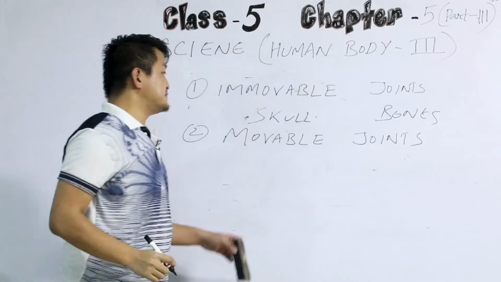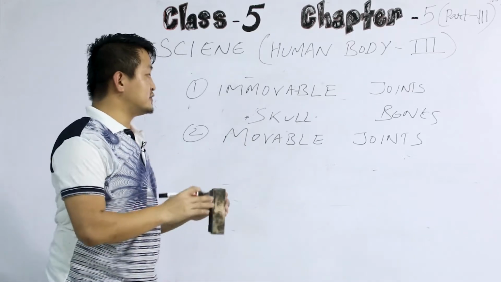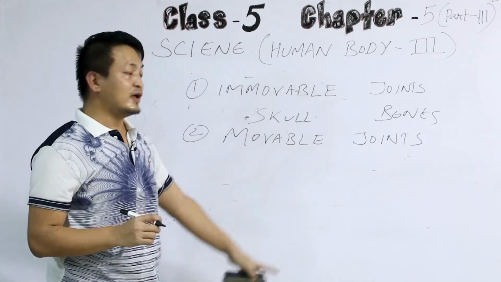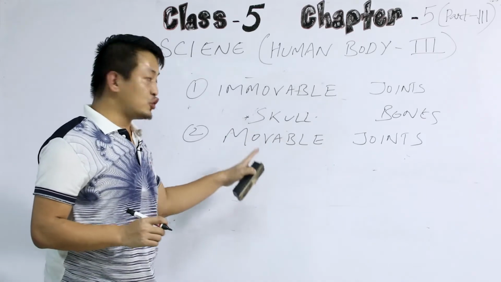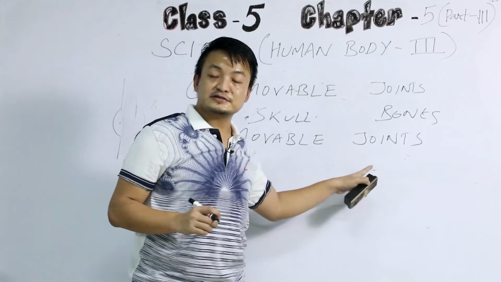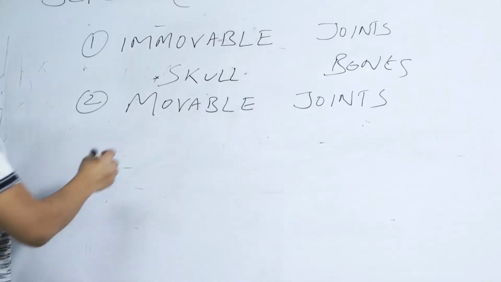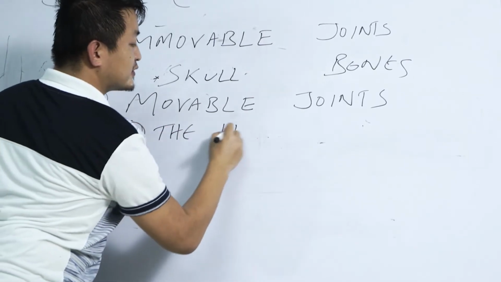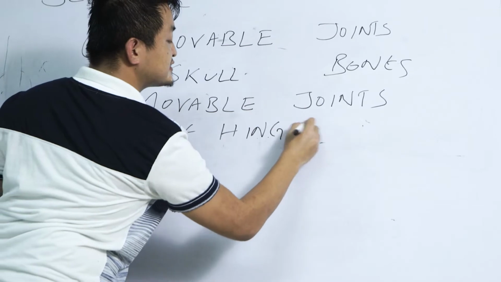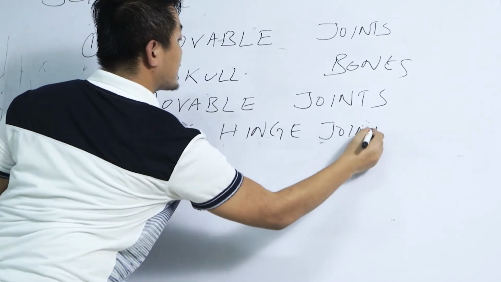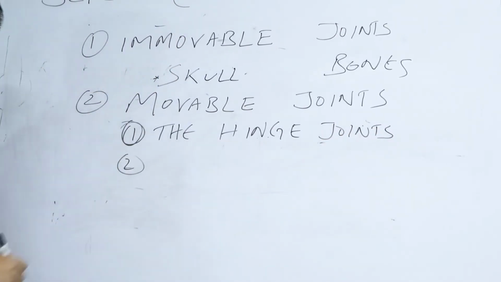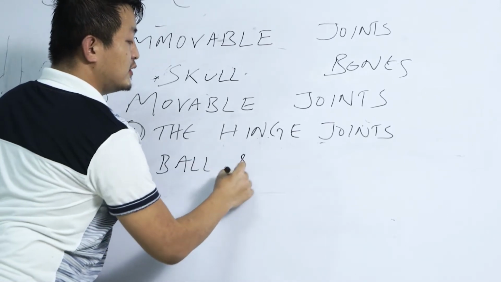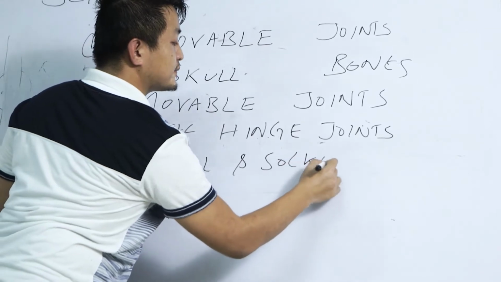The second one is movable joints. This means those joints where the bones are movable. Now we have 4 types of joints under these movable joints. The first one is the hinge joint. The second one is the ball and socket joint.